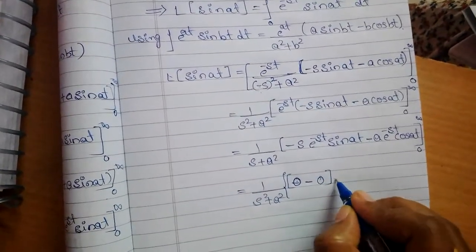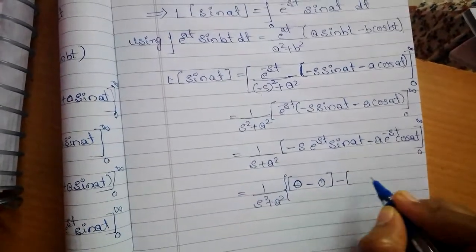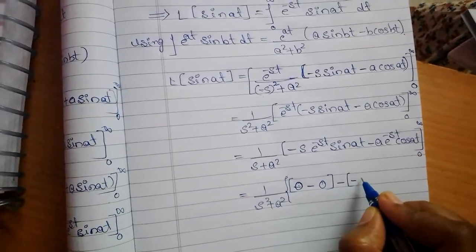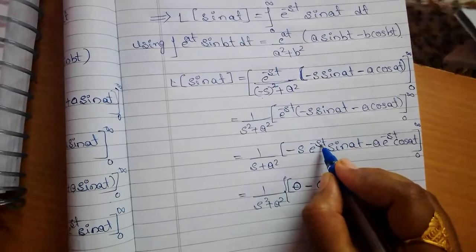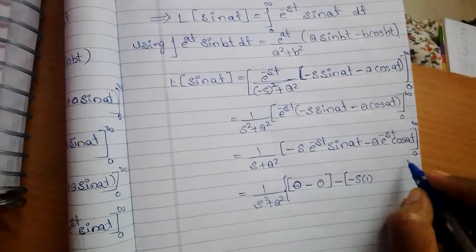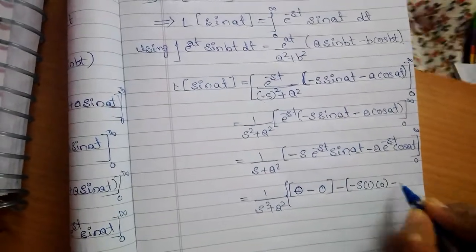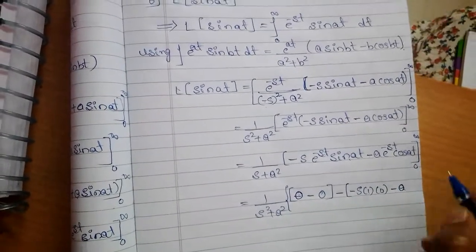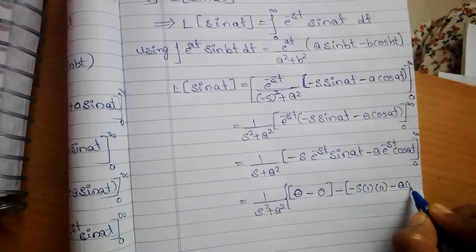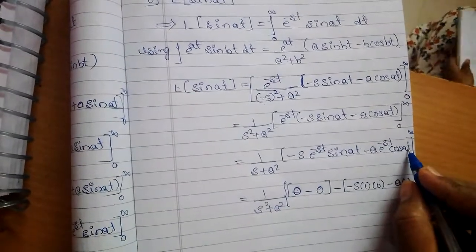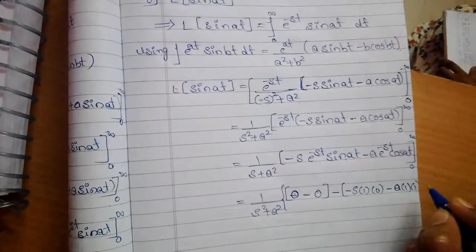Upper limit is over. Minus lower limit: minus s, e raised to 0 is 1, sin 0 is 0, minus a as it is, e raised to 0 is 1 and cos 0 is 1.